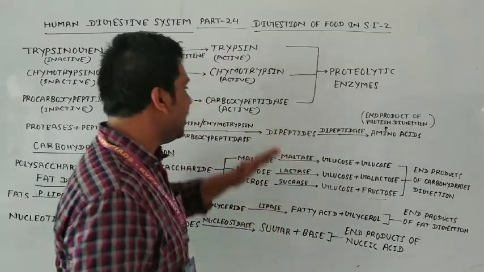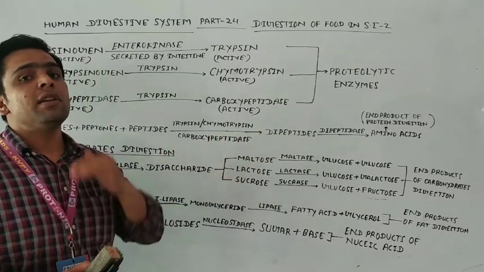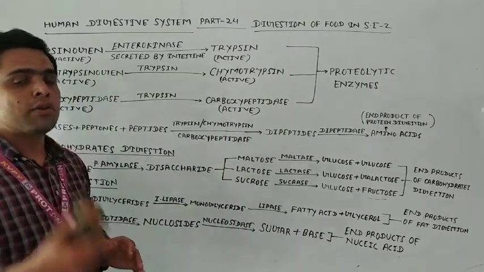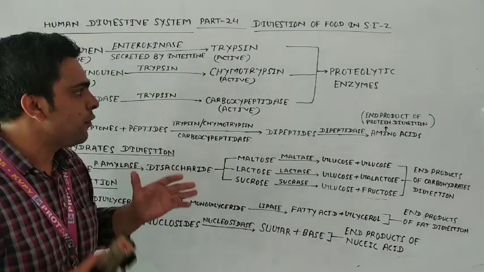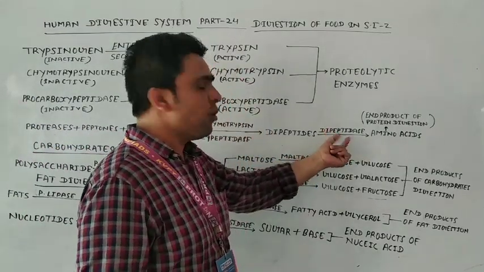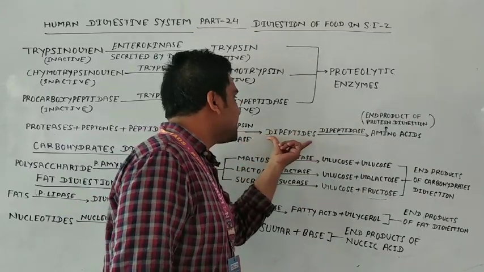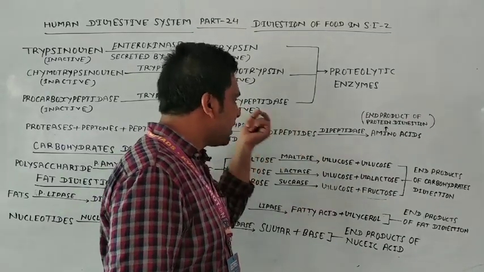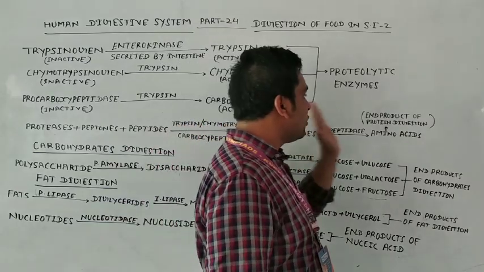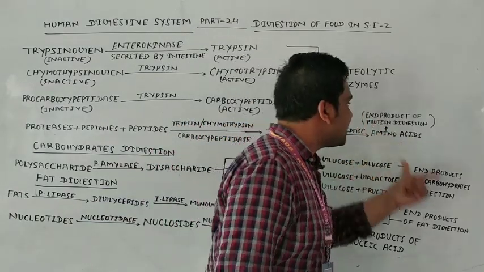This form further gets divided into shorter forms. The dipeptidase enzyme, which is found in our intestine, acts on these dipeptides and converts them into the last form of protein, known as amino acids.